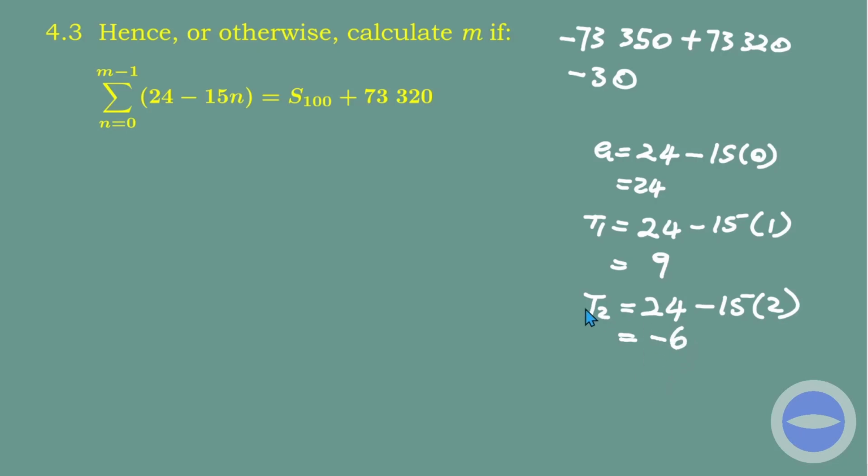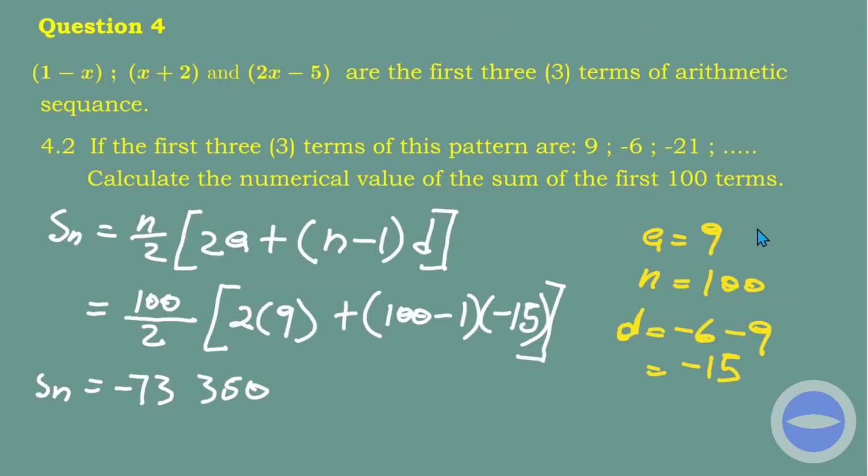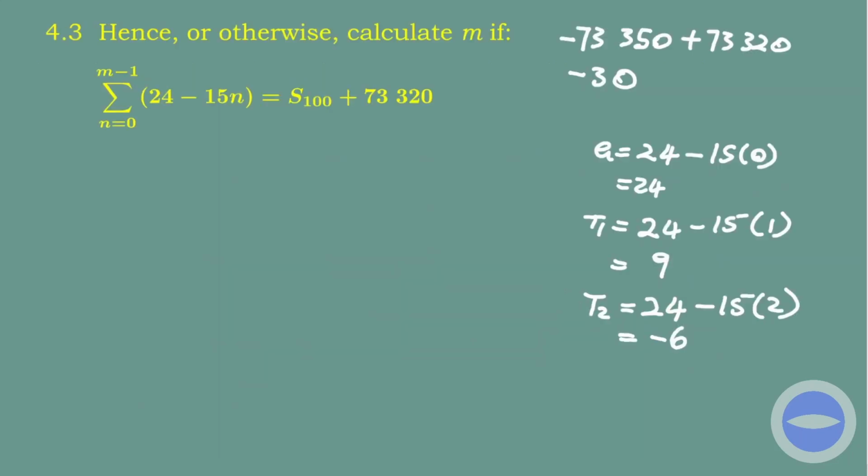Therefore, if you notice here, this pattern is the same as this one: 9, negative 6, and the next thing we are going to have is negative 21. So this pattern is the same as this one. So that means our d equals negative 15. So this is arithmetic.